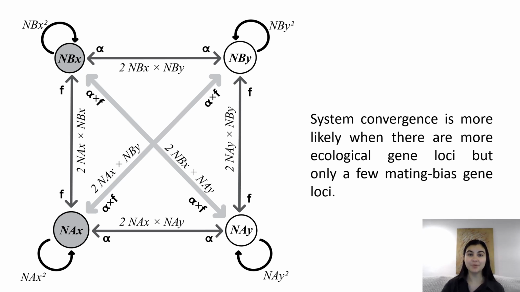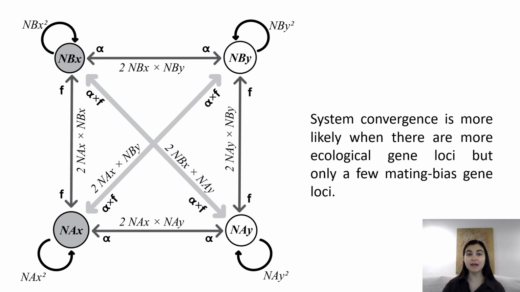To minimize hybrid production, we can see disruptive sexual selection within each niche in order to eliminate the mating bias hybrid production. One way to have this is to have what is referred to as a magic trait, meaning an ecological trait that is also a trait necessary for mating. Let us imagine an example with a population of birds with varying beak sizes. In this population, birds with a larger beak and birds with a smaller beak are each adapted to different niches.